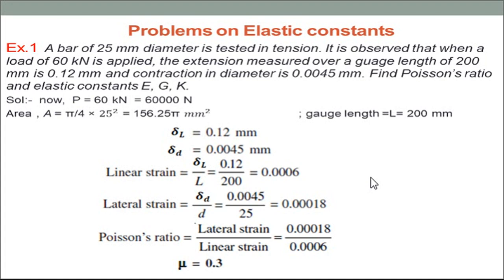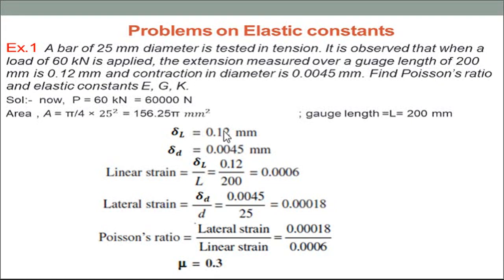First of all, in the problem there is a tensile load. It is given that a tension test has been done on a 25 mm diameter bar, and the total gauge length of the bar is 200 mm. There is a change in the length in the linear direction and a change in the lateral direction.